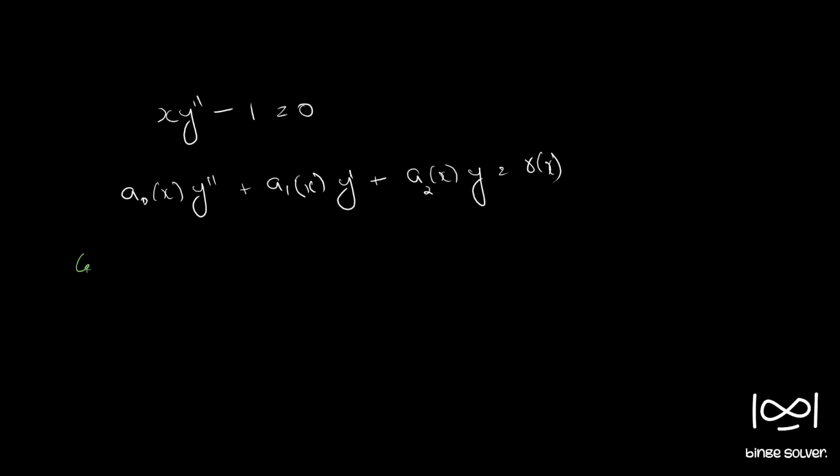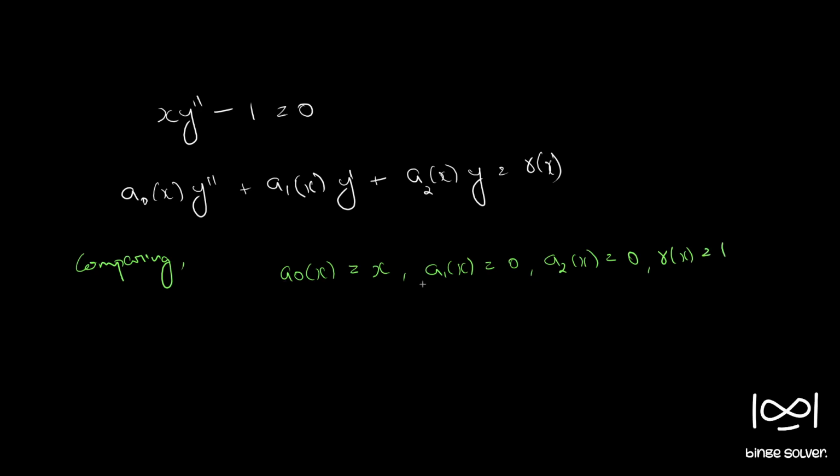So comparing, we can say a0 of x equal to the coefficient of y double dash, which is x, and a1 of x is equal to the coefficient of y dash, which is 0, and a2 of x equal to the coefficient of y, which is 0, and r of x is equal to 1.